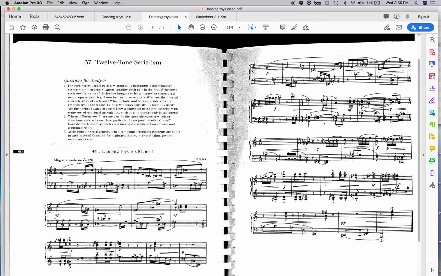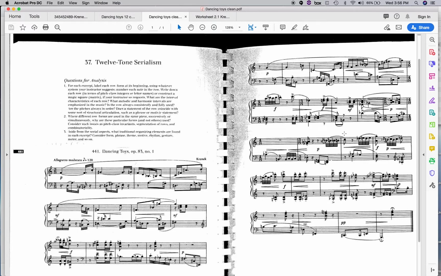Anyway, some other things that we might notice is that this D minor second inversion triad comes up a lot. It's sort of a recurring item, and we notice that the melody seems to be more in the left hand maybe than the right hand. It goes to the right hand too.